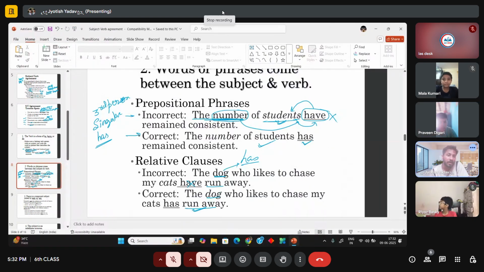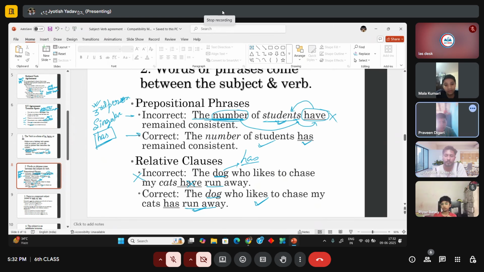In that table, third person singular will contain only the "has" part. The dog is also third person singular. Third person singular means he, she, it, any name. So dog is any name, and for that we use "has". So the first sentence is wrong, whereas the second sentence is right. Are you getting my point?